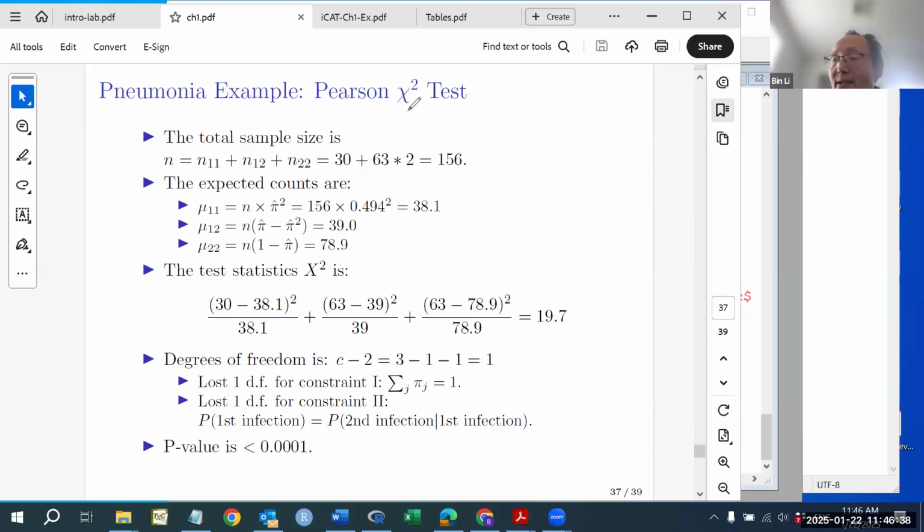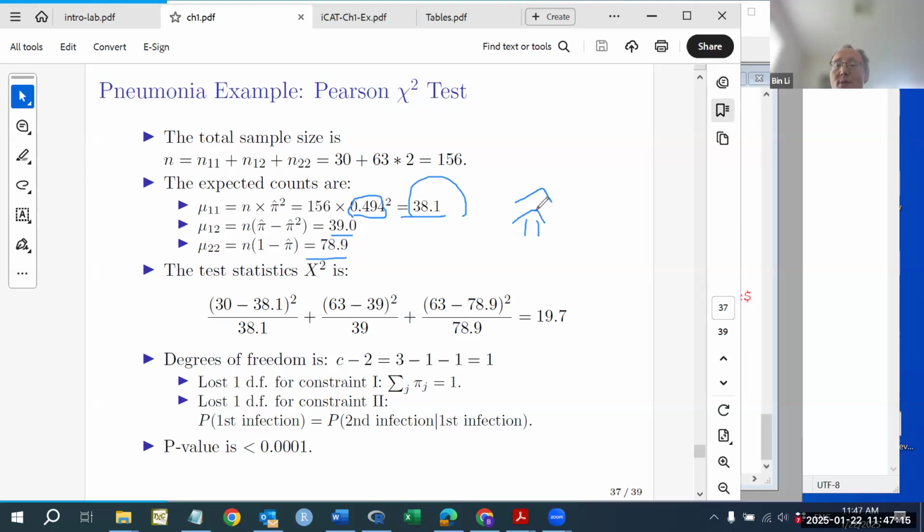The null hypothesis says the probability of having the first pneumonia infection is the same as the conditional probability of getting the second given the first infection. So the expected counts will be this, this, and this. How do we calculate that? Because we got the MLE. The MLE is 0.494. That's the MLE for pi.